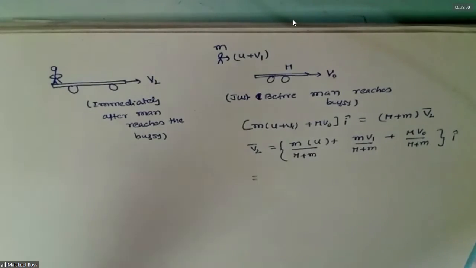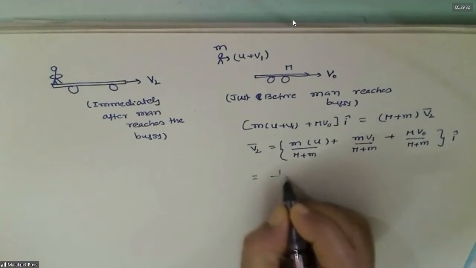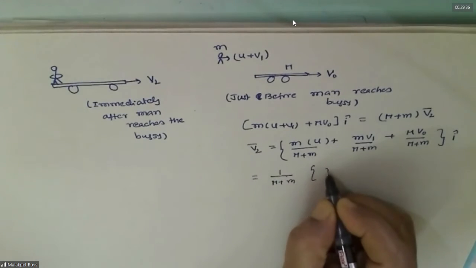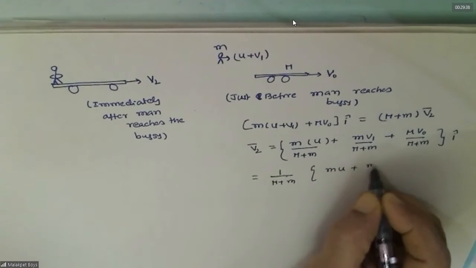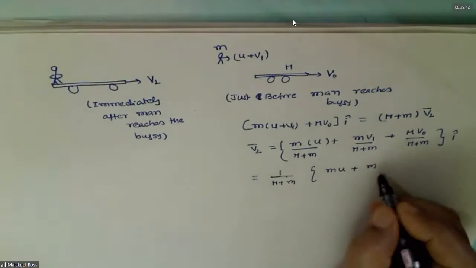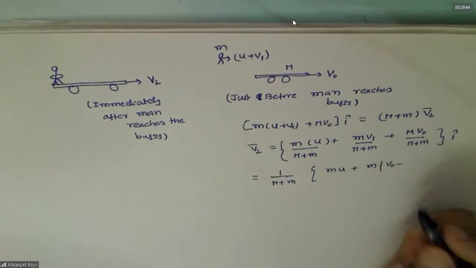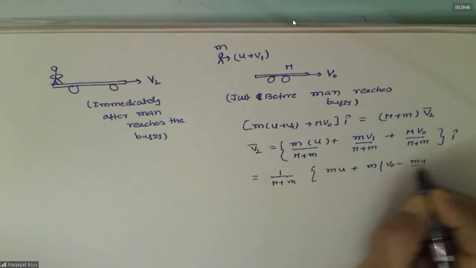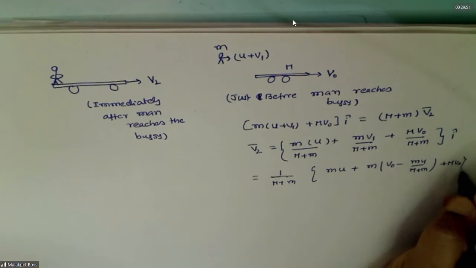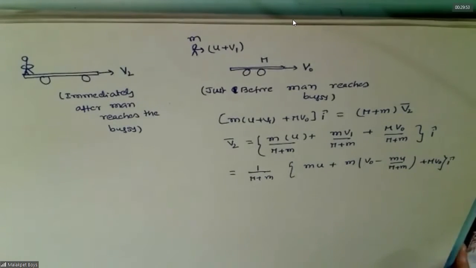Understood that? If we take this as common, what is the V1 you got? V naught i cap minus mu by m plus m. You simplify this, you will get this result.